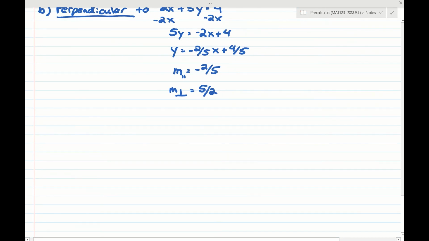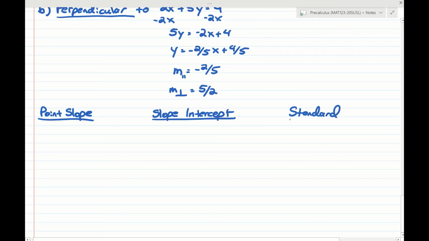We're going to do the same thing that we just did. So let's write an equation in point-slope form, then in slope-intercept, and then we'll finish with writing an equation in standard form. In point-slope, remember we're going to use this as our slope, but we're going to use the point (3, 5).